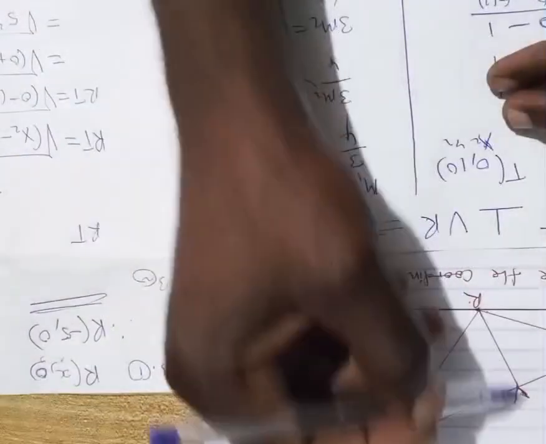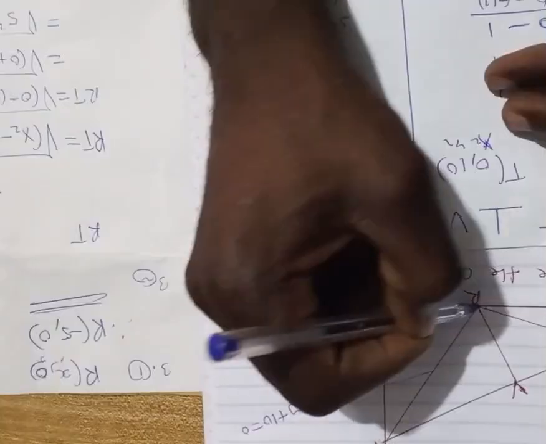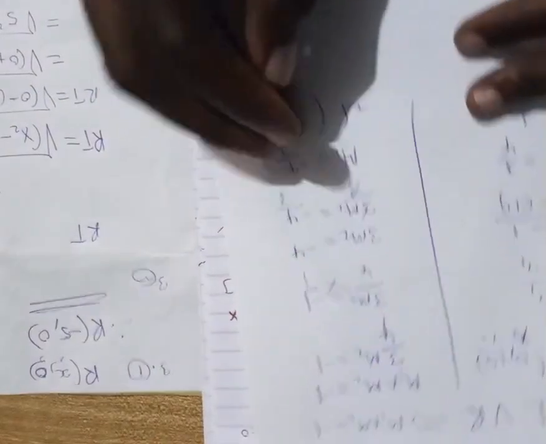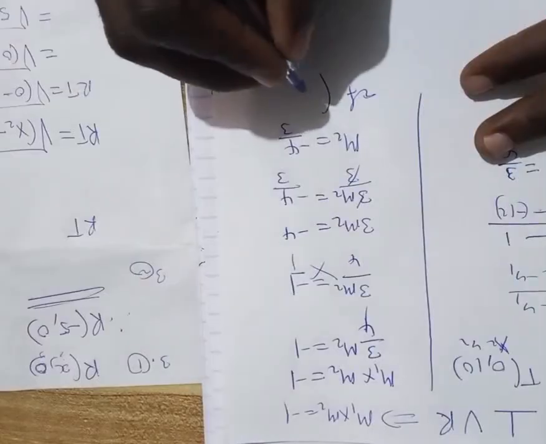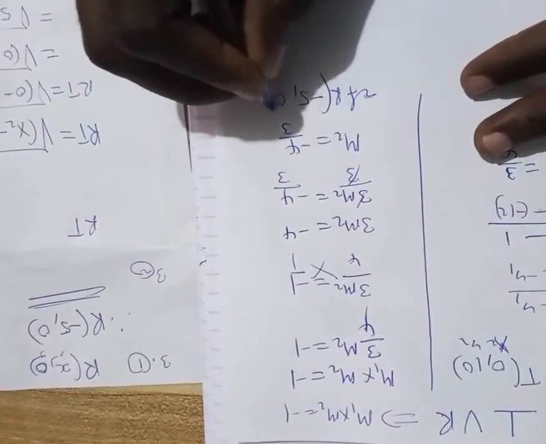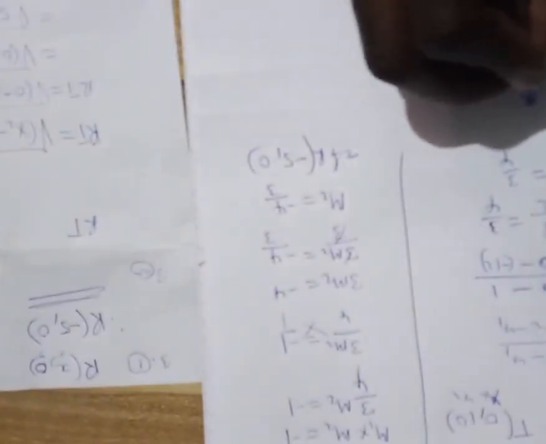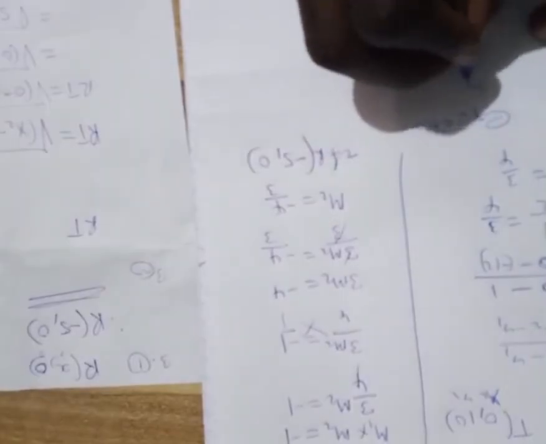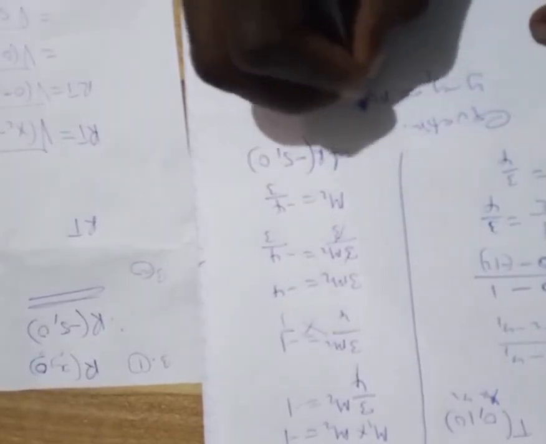Now, since you're looking for the equation of VR, do you have a coordinate of V? We don't know. Do you have a coordinate of R? Yes. We're going to use the coordinate of R, which we solved in the previous question. You can check for me. We have negative 5, comma 0. Then we use the formula for the equation of a straight line: y minus y1 equal to m open bracket x minus x1.